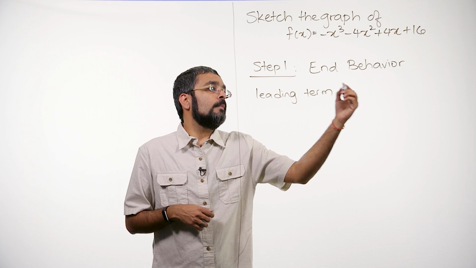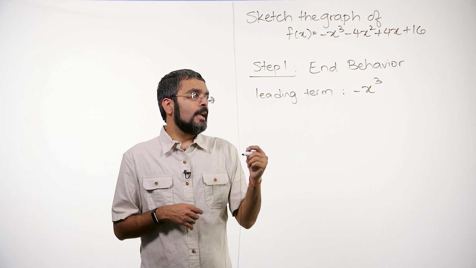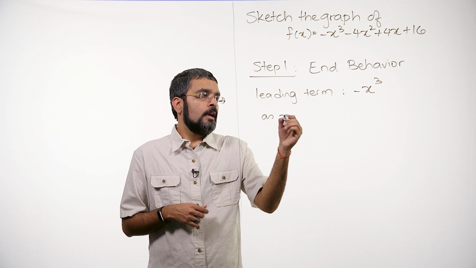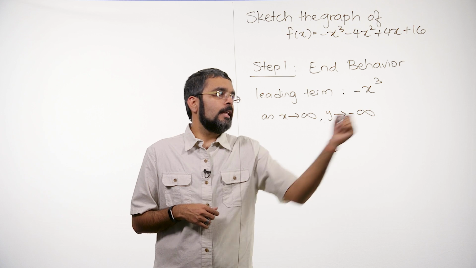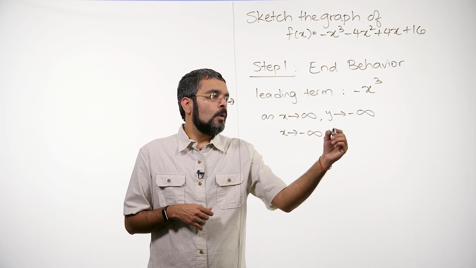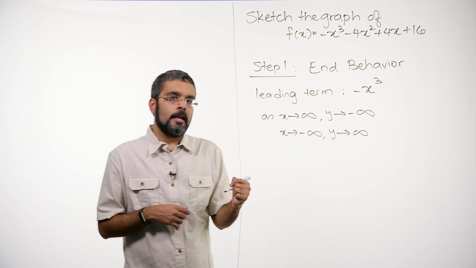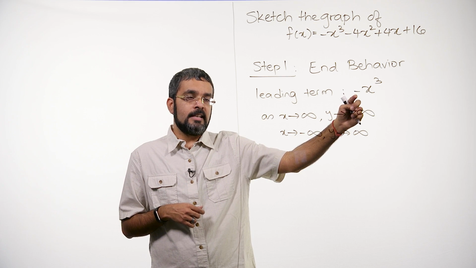My leading term is negative x cubed. So in this case, as x approaches infinity, y is going to approach negative infinity, and as x approaches negative infinity, y is going to approach infinity, because n is odd and a is negative.